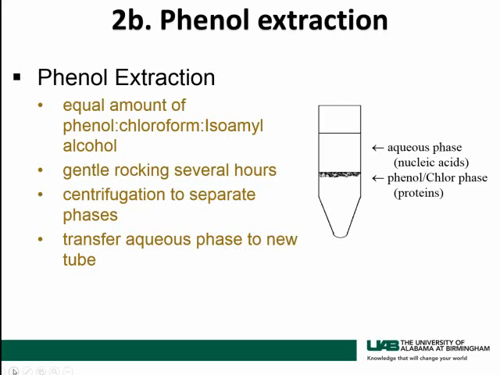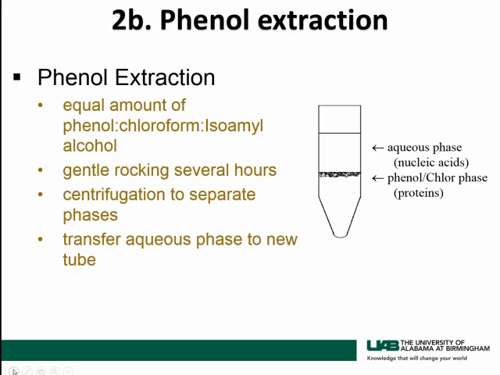Phenol extraction consists of mixing the neutralized lysate with an equal amount of a mixture of phenol, chloroform, and isoamyl alcohol. The components consist of 25 parts phenol, 24 parts chloroform, and 1 part isoamyl alcohol.